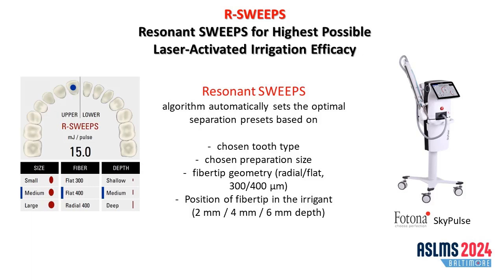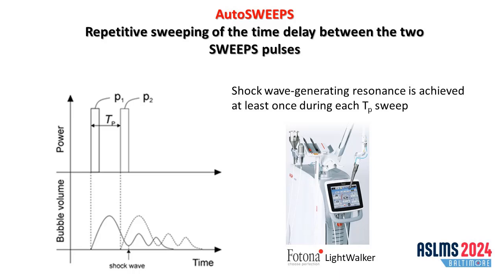But we found out there is another way, which we found some benefits also in periodontal treatments, and this is auto sweeps. With this modality, the delay between pulses is repeatedly swept. The delay grows and then decreases and grows again.